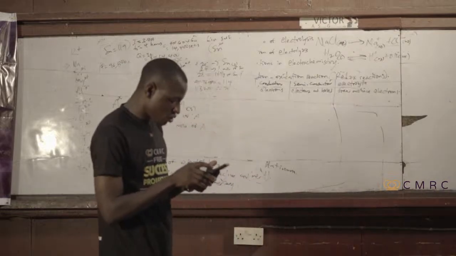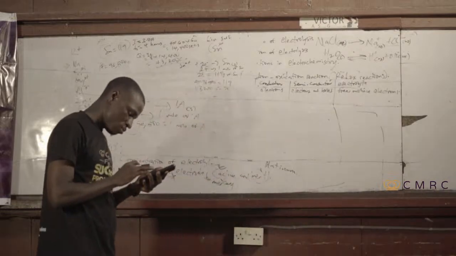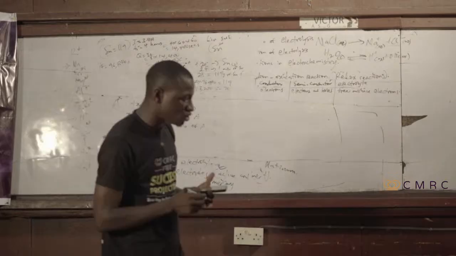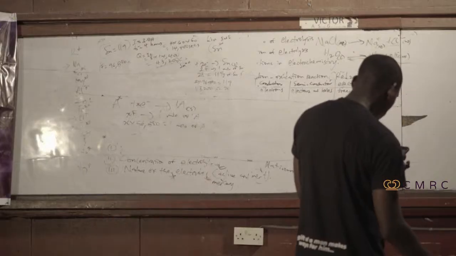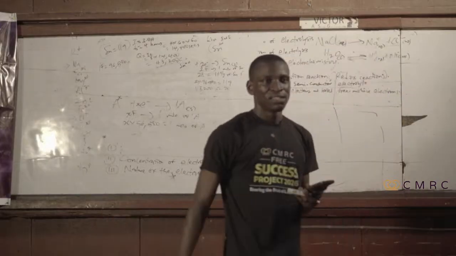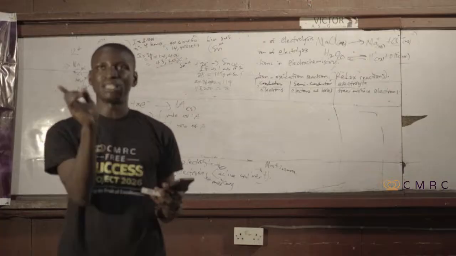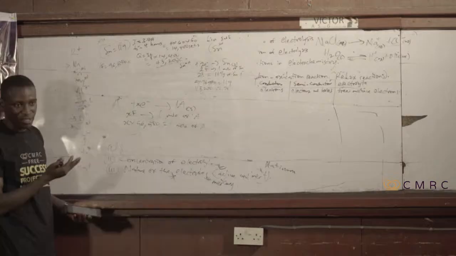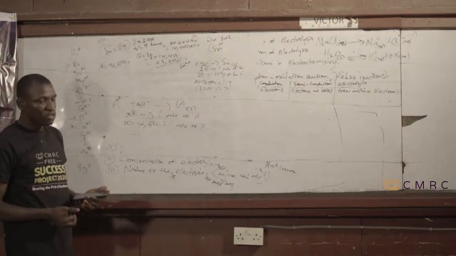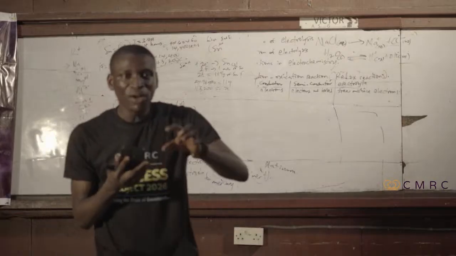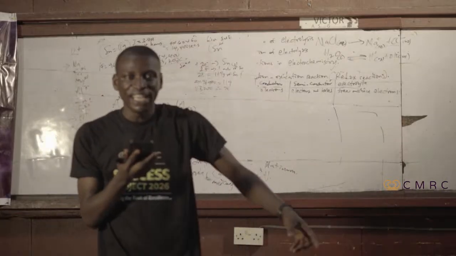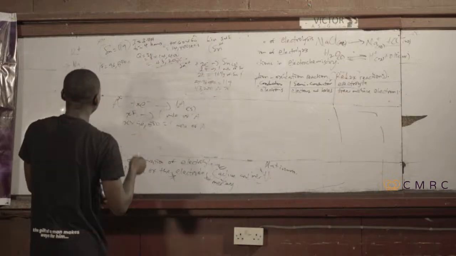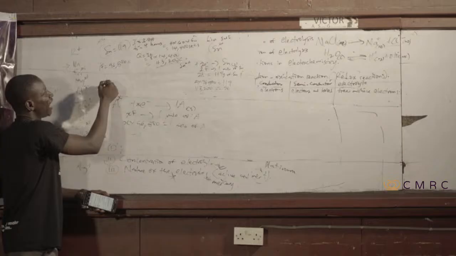Now, this is the question. 0.66 grams of a divalent metal. When they say divalent, they have already told you that it carries 2 plus on top, meaning that what will be here is 2. So because M is divalent, it will be M2 plus.